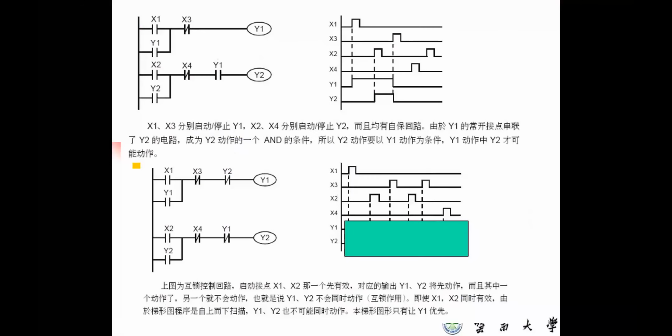In this programming, if we want to start Y2 running, use this button. Y1 must be running, so we can start Y2. Okay.